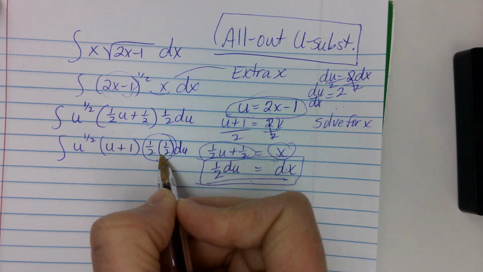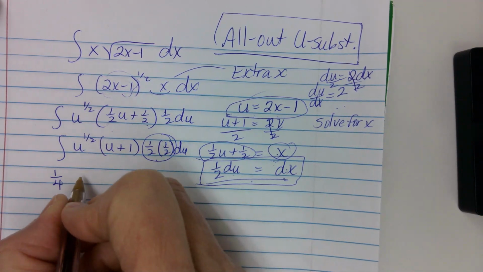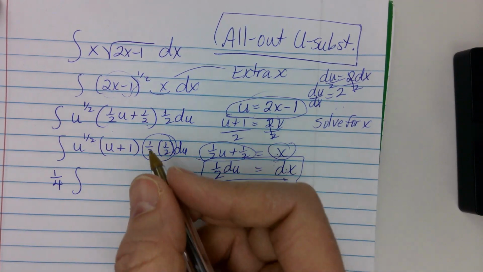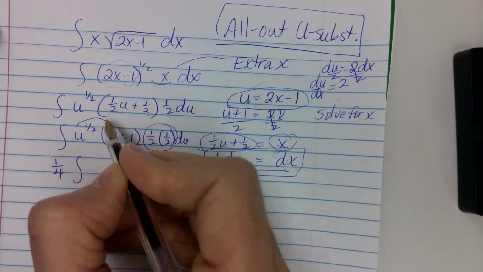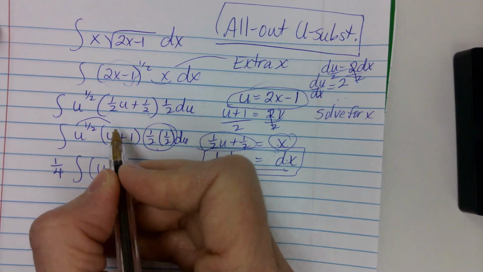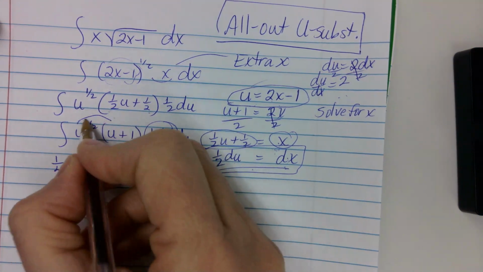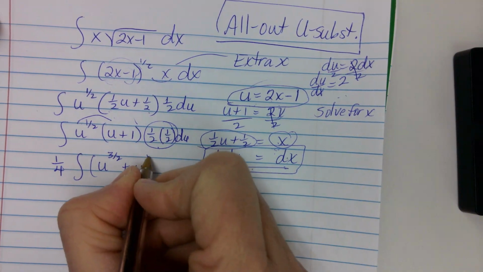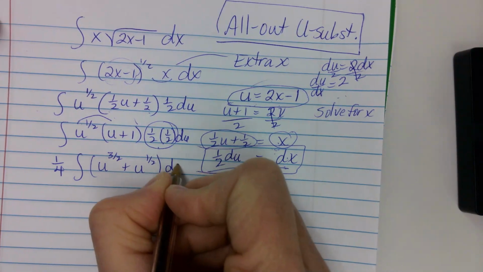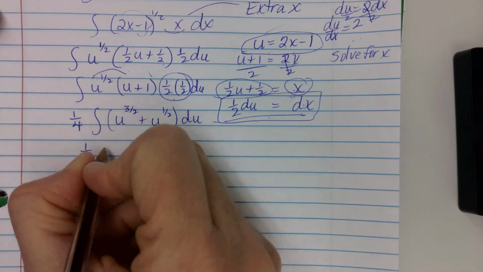What can I do with those constants? 1/4, and take it to the outside. And then what can I do? Distribute. U to the 1/2 times u to the 1, plus distribute. Any questions so far? No. And now, keep the 1/4 out.